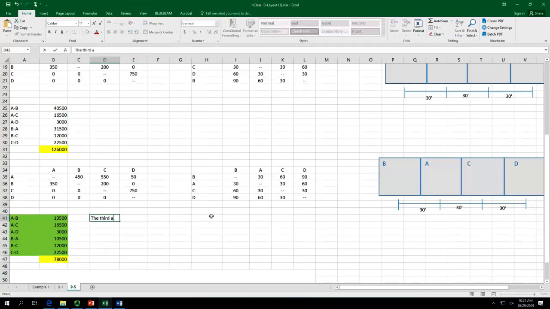The third arrangement is better than the first one. The third arrangement is B, A, C, D, compared with the A, B, C, D one.